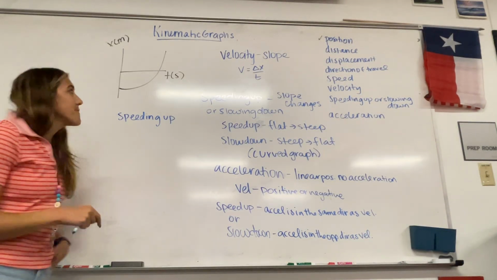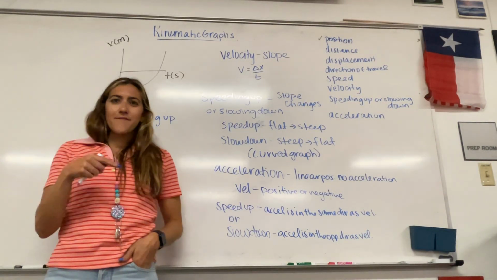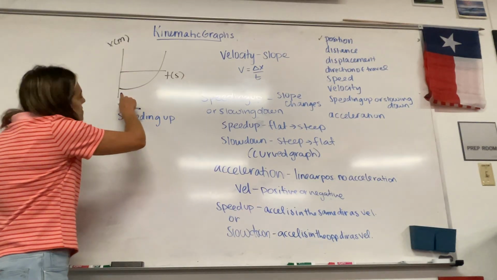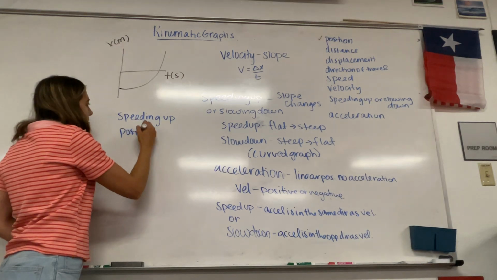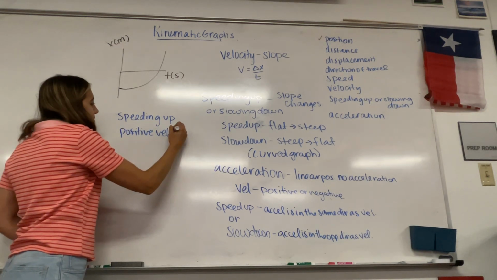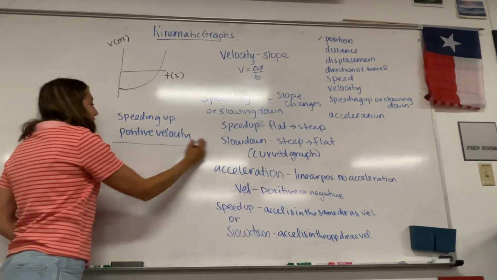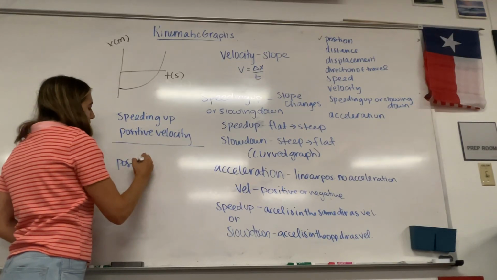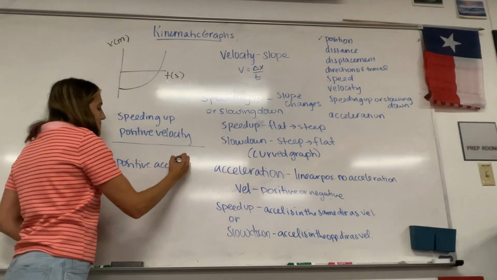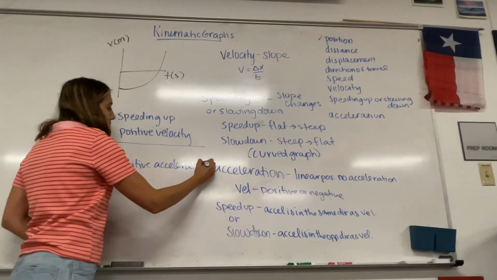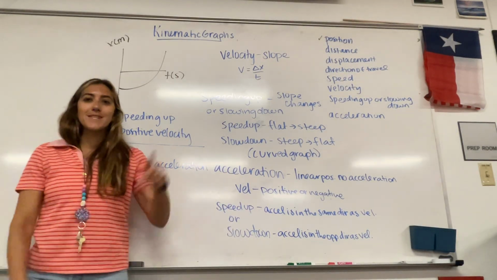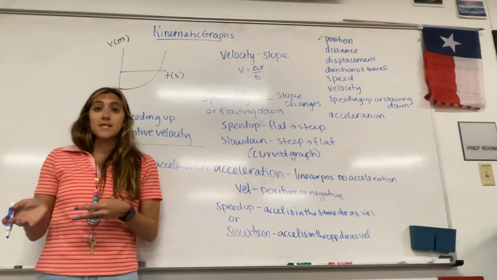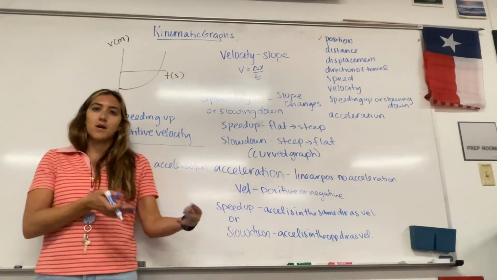Cool. All right, what about my velocity? Is it positive or negative? Well, my slope is positive, so I have positive velocity. Those together give me positive acceleration. Because if I'm speeding up, acceleration is in the same direction as velocity. So positive velocity makes positive acceleration.